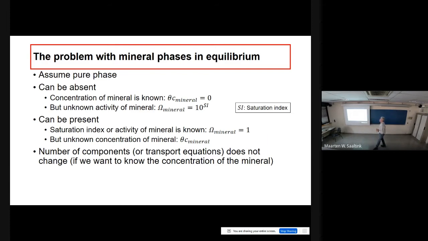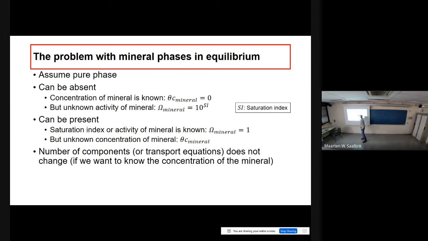So if it's not there, the concentration of the mineral is theta, the volume fraction of the mineral, how much mineral I have per volume of medium, porous medium, times the concentration of the mineral, moles of calcite per volume of calcite.